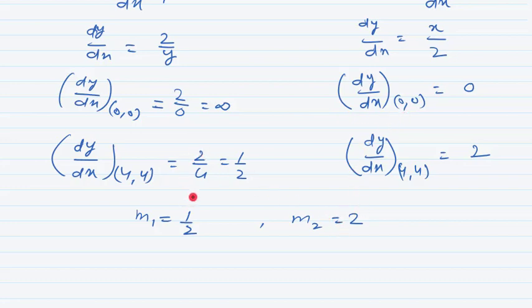And second, when the point is (4, 4), the slopes of the tangents are 1/2 and 2. Let us name them m1 and m2.